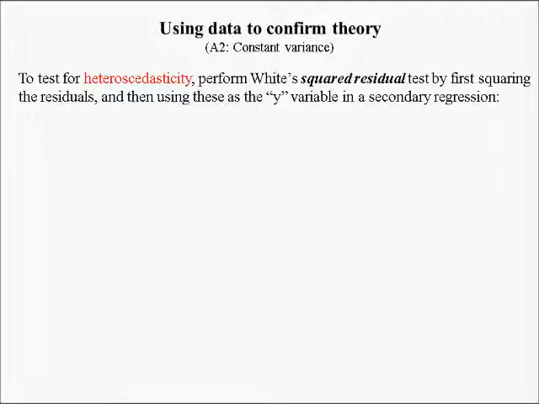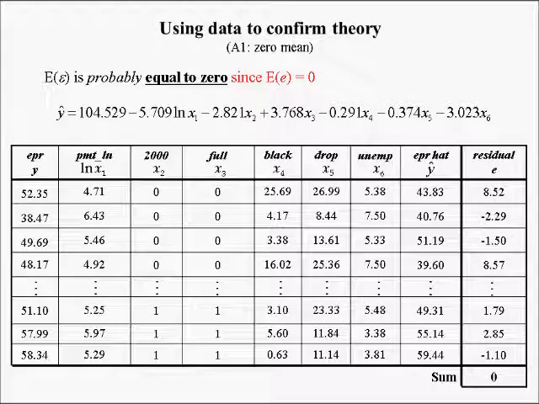To test for heteroskedasticity, we perform White's squared residual test by first squaring the residuals. So to do White's squared residual regression, we're going to square these residuals. And when we square the residual, we're getting an estimate of the variance for that observation.